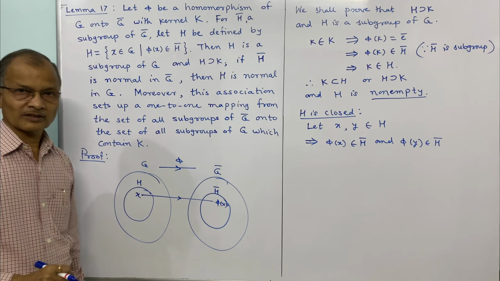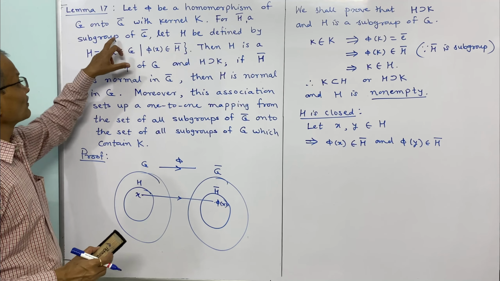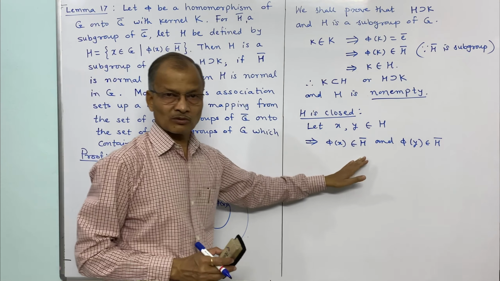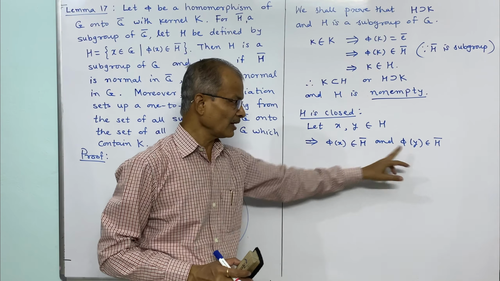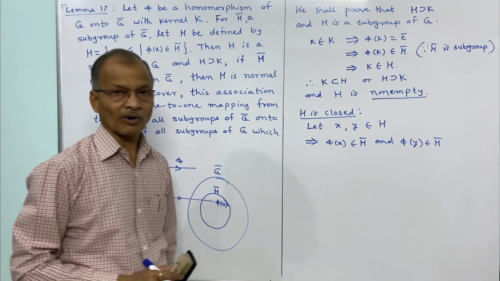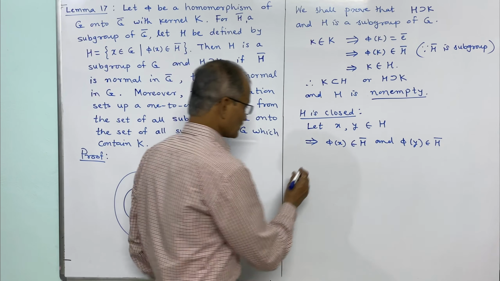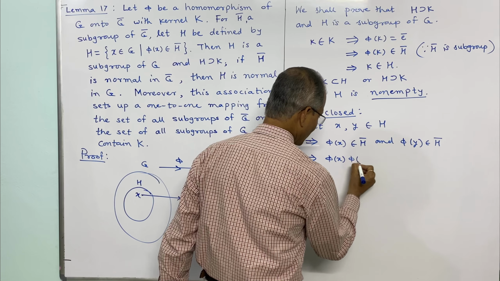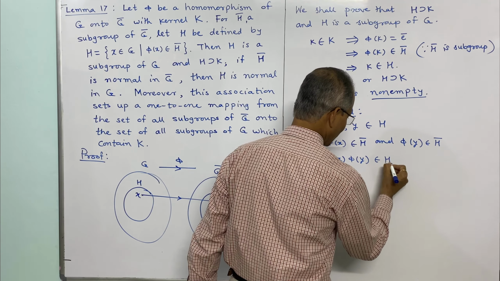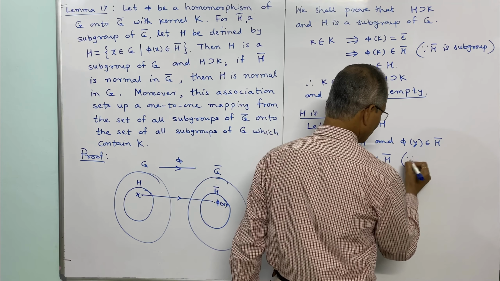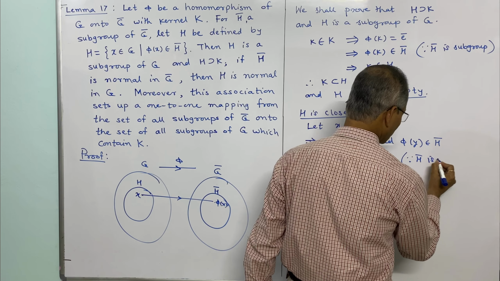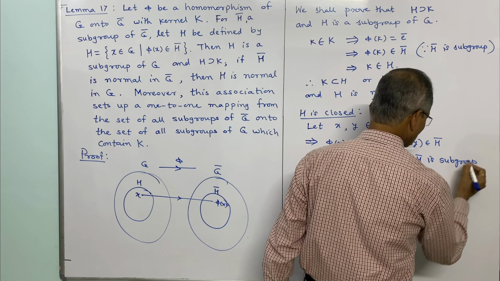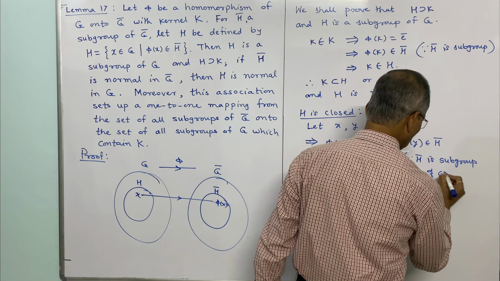Now because H bar is a subgroup of G bar, it is given, H bar is closed, and that means these two elements are in H bar, their product must also be in H bar. So this implies phi x into phi y belongs to H bar. Reason for this is that H bar is a subgroup of G bar, given.